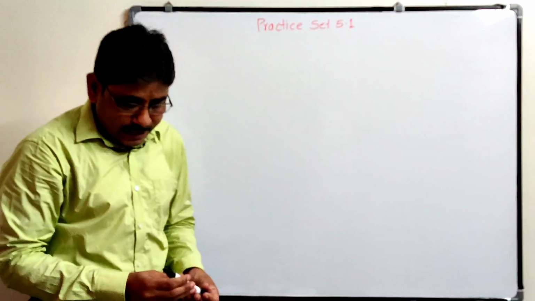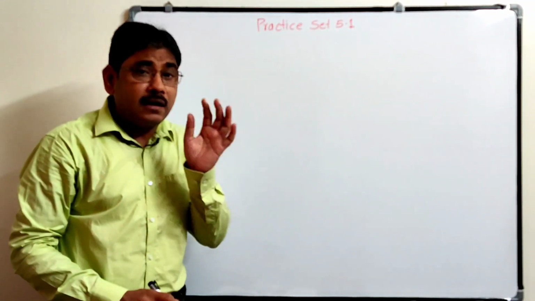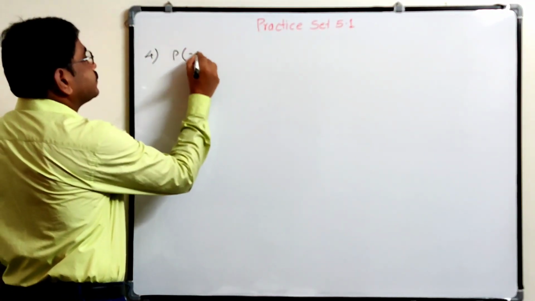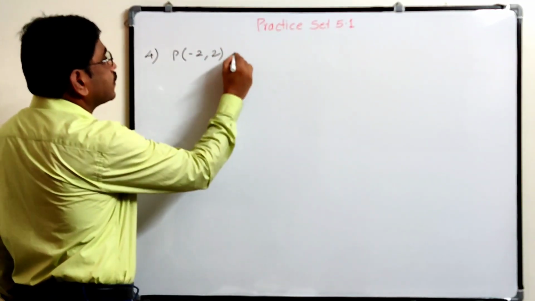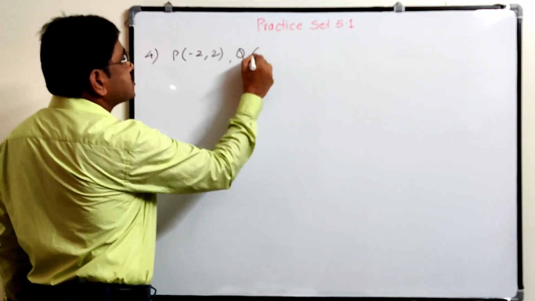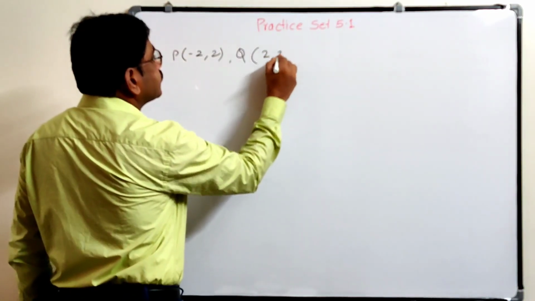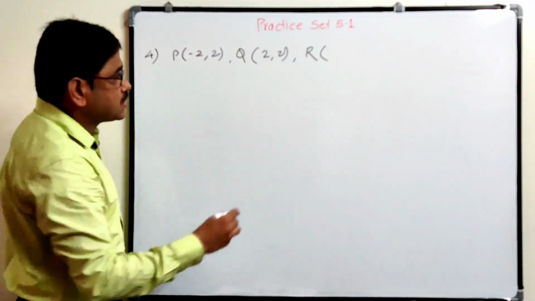Verify the points P, Q, R are the vertices of a right angle triangle. P is (-2, 2), the coordinates of Q are (2, 2) and coordinates of R are (2, 7).